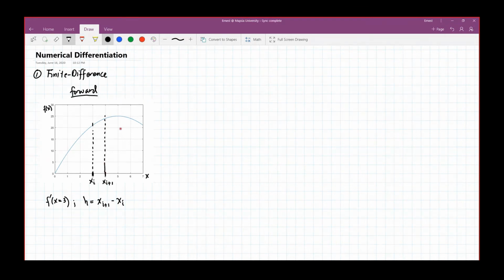And then you just pick the slope of this line.